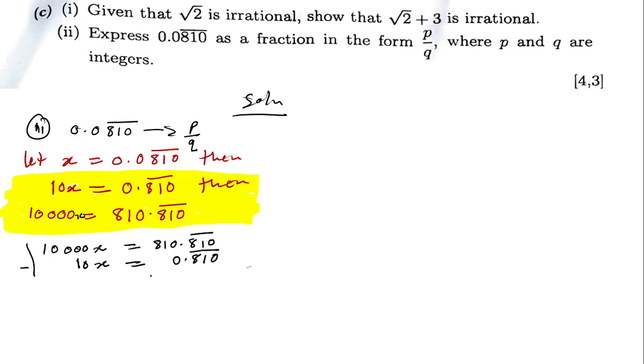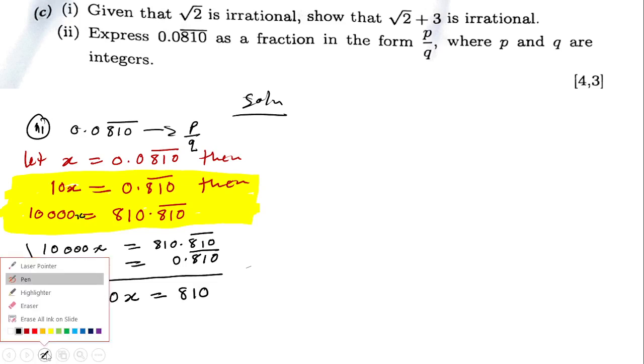Then you subtract like that. So when you subtract, this is what you are going to have. 10,000 minus 10 is simply 9,990x is equal to, you subtract that part, which will simply be 810.